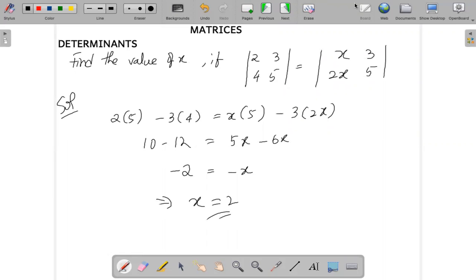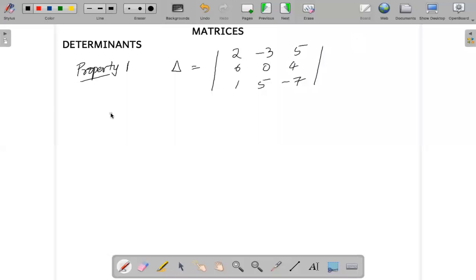So let us verify property 1. Verify property 1 for this. Now expanding the determinant along the first row, we have the determinant is 2, 0, 4, 5, minus 7, and minus of minus 3, which is 6, 4, 0, 1, minus 7.